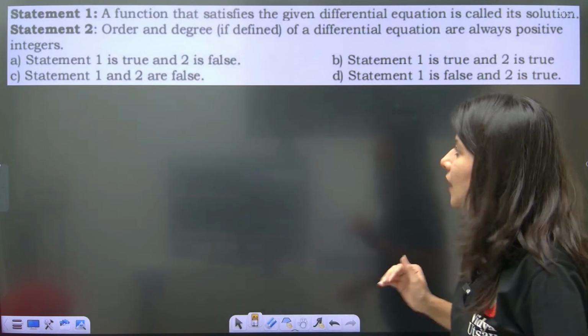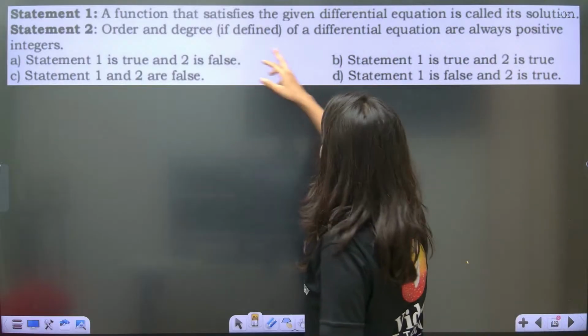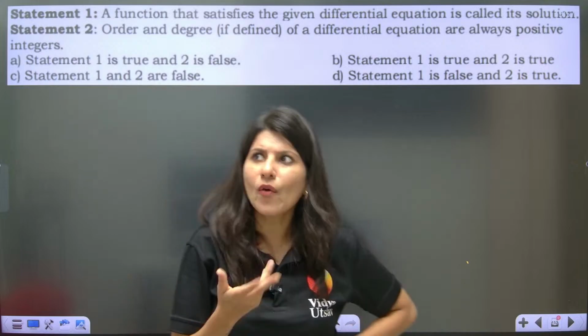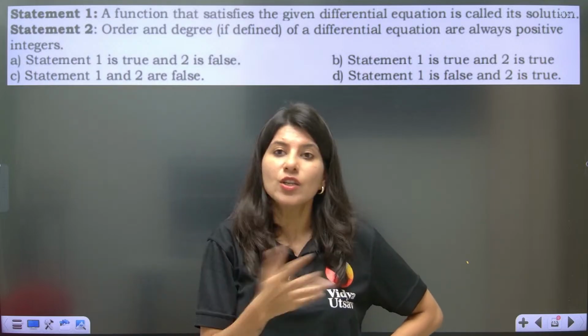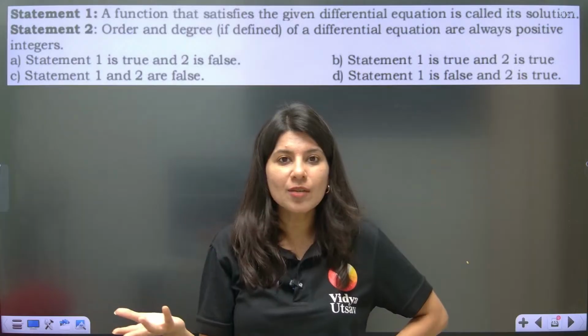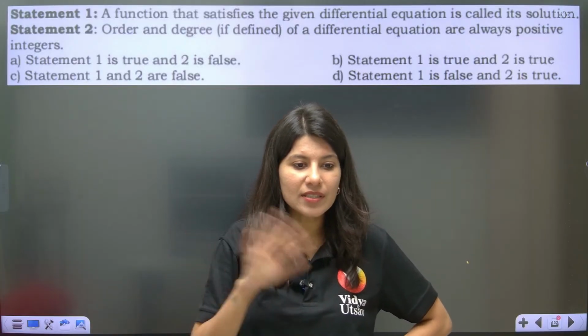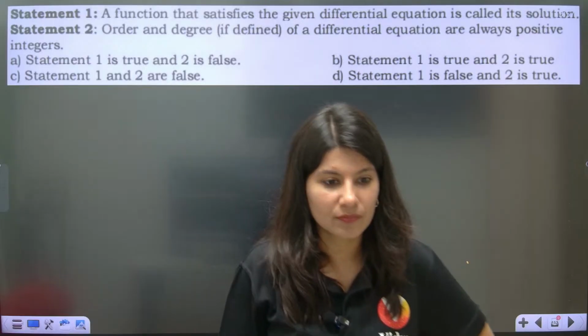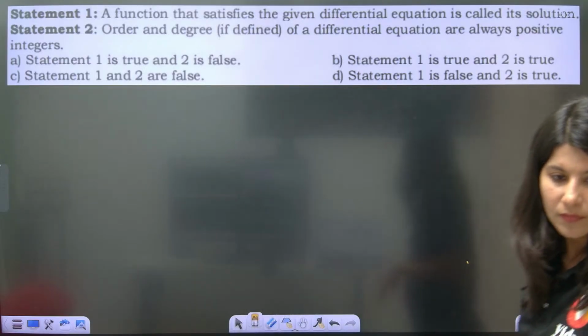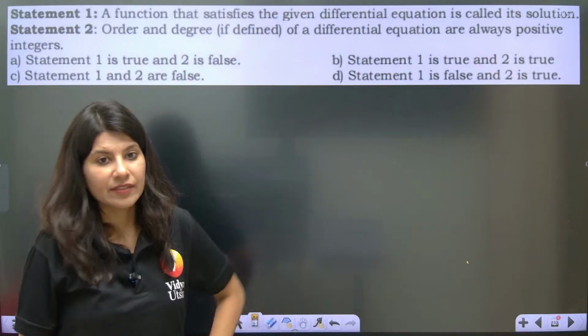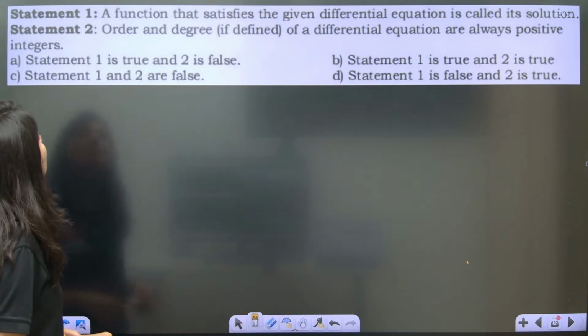Okay. Now statement 2 says order and degree of a differential equation are always positive integers. Obviously, order is how many times you are differentiating.